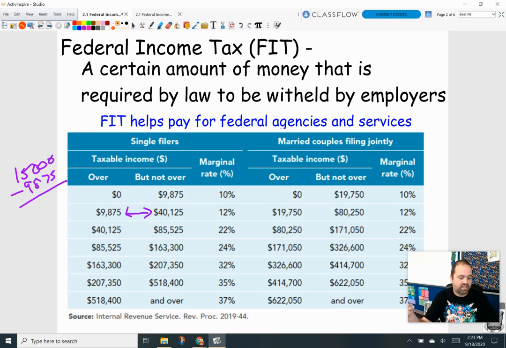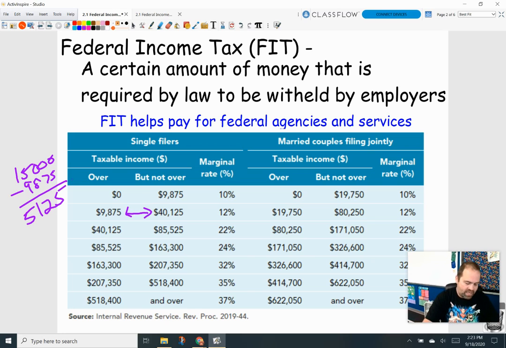The first $9,875 are locked into the 10% bracket, but the other $5,125 is what they're going to tax at 12%. So the more money you make, the more of these tiers you reach, they're going to tax different chunks of your money at that percentage.